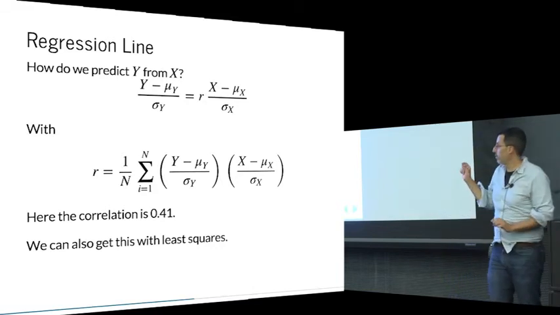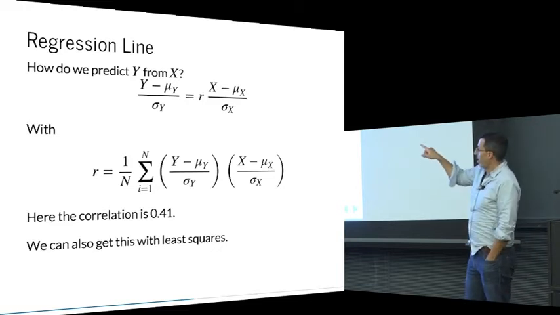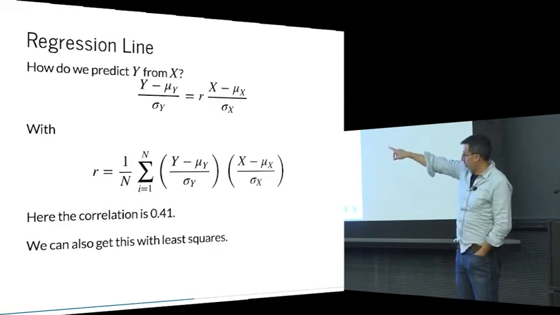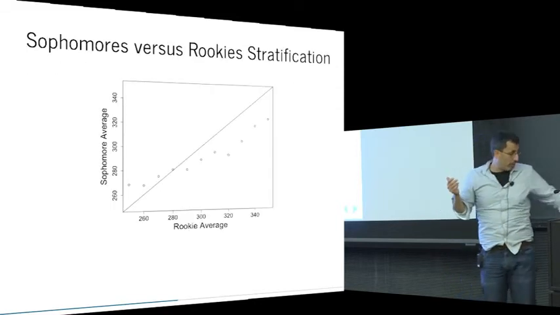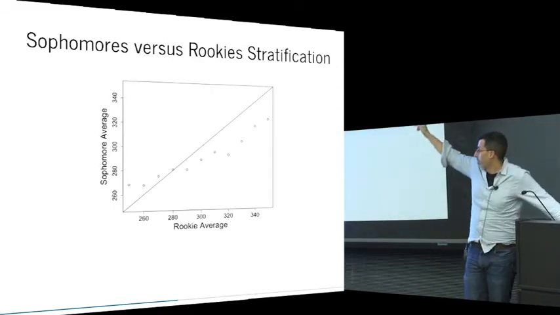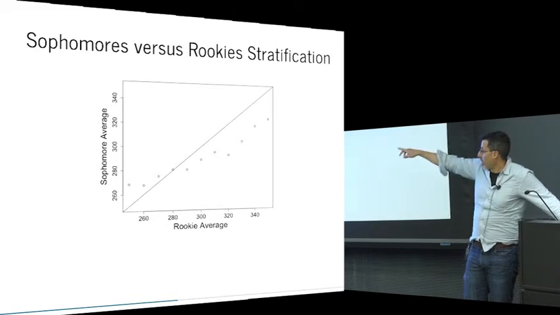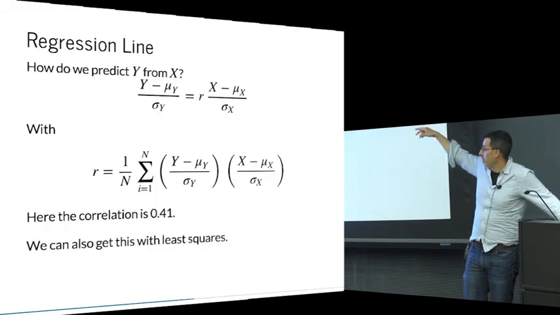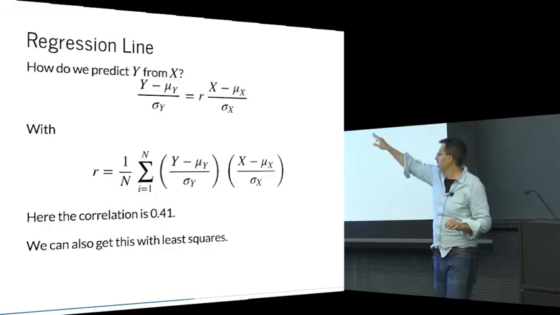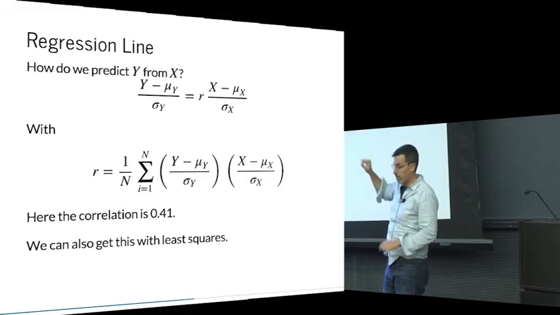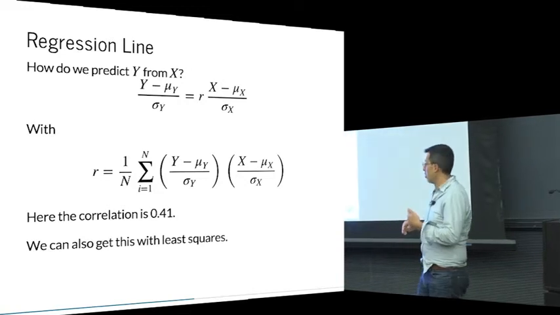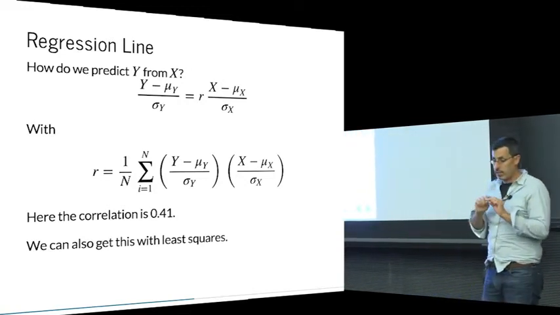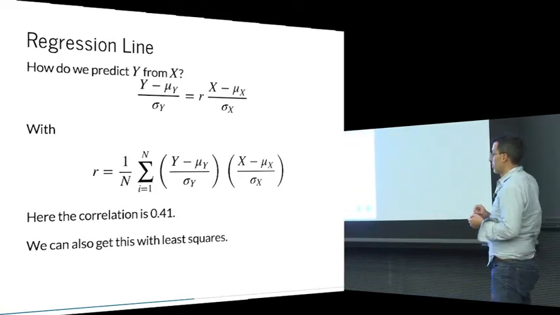Okay, one other little detail. That R, the correlation, more generally the line that eventually ends up being given by that formula up there, has 2 parameters, the slope and the intercept. You can also get them by fitting what is called least squares to the data.